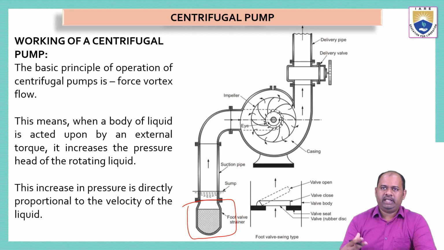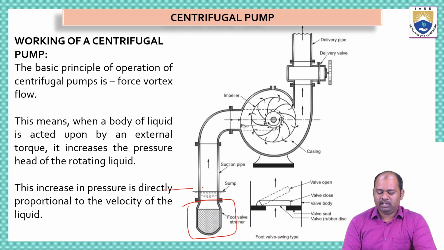Okay, when we switch on this pump, a large amount of suction is created. Due to this suction, not only water but also other particles like rocks, mud, etc., will go into the casing, so they may damage the internal parts. So that is why we have fitted a strainer. The strainer is like a filter which will filter everything, like it will filter the water.